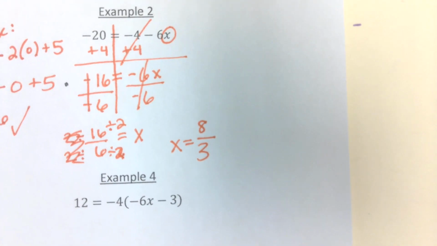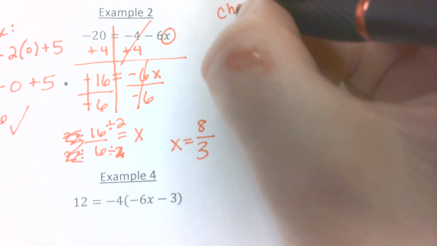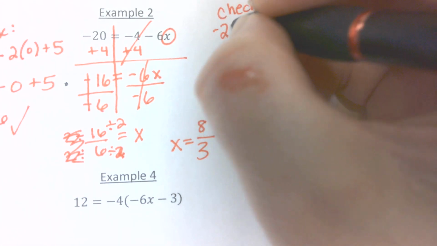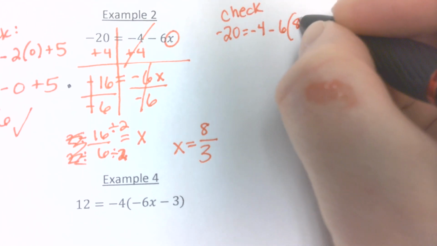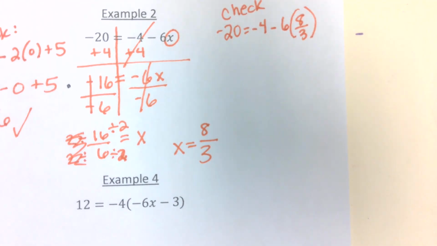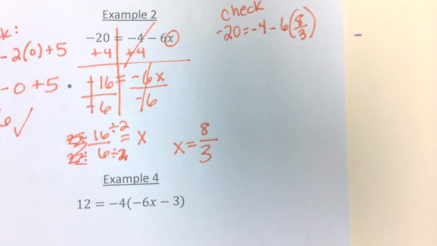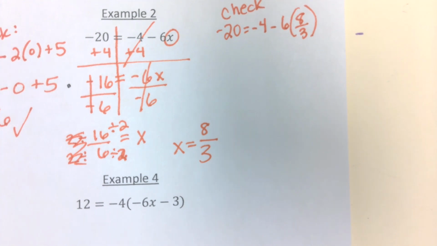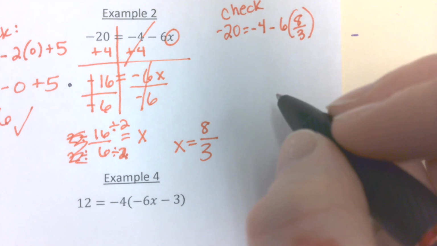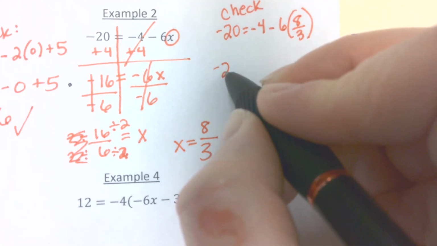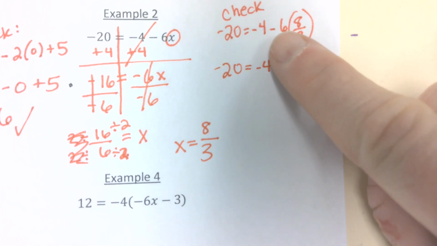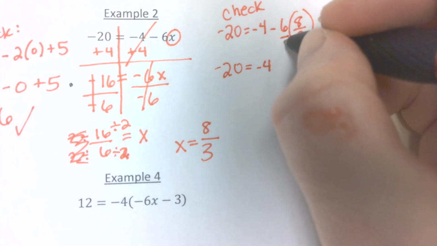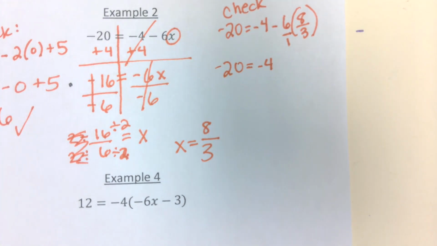So then we need to check our work. Negative 20 equals negative 4 minus 6 times 8 over 3. So negative 20 equals negative 4. If you're multiplying fractions, you can do top times top over bottom times bottom.